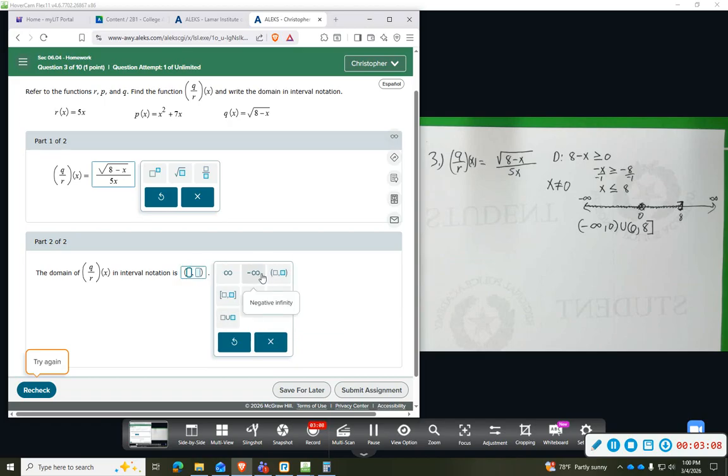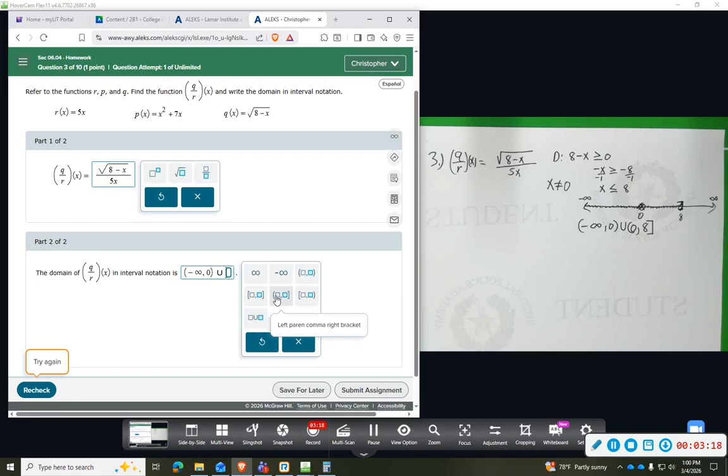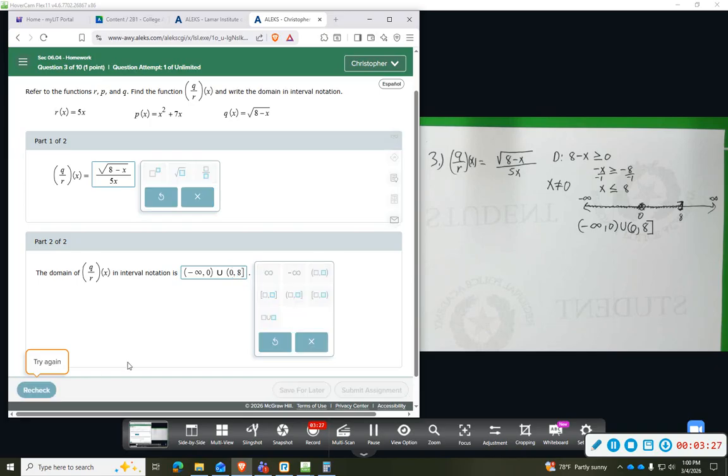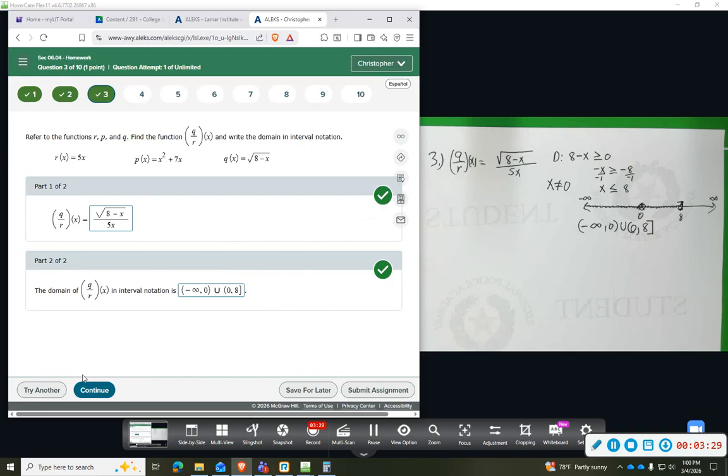So double parentheses, negative infinity to 0, and we'll do a half parenthesis and then a bracket. So that's going to be on the other side of 0 up to 8. And that's good.